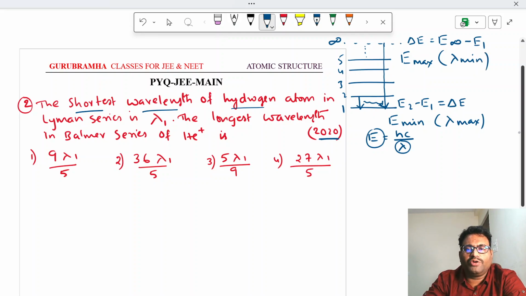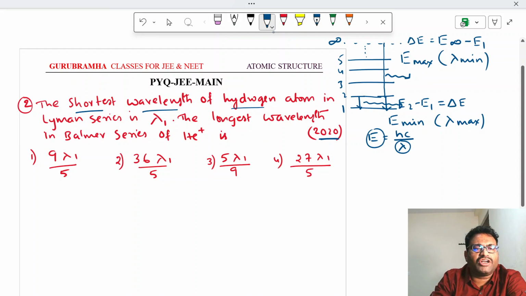So we have to know the spectral line which has least energy, which has maximum energy, right? So let us see here. Here it is asked shortest wavelength, so minimum wavelength. Minimum wavelength means the electron is returning from infinity to 1.